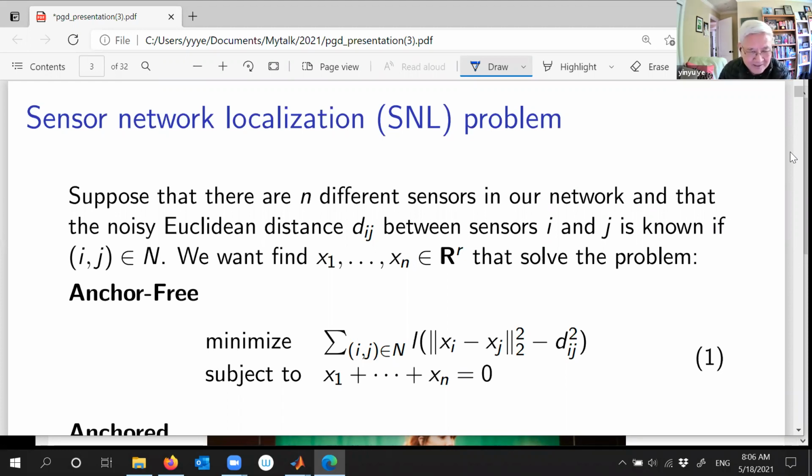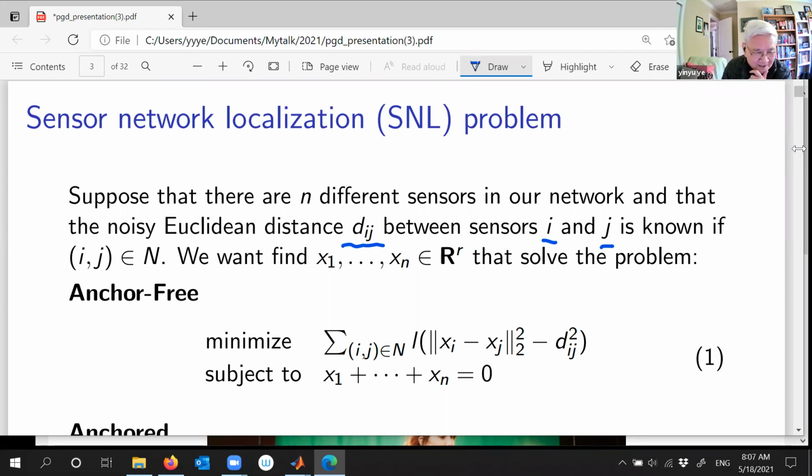However, we can measure a Euclidean distance, which we call Dij, between sensor i and j. Not all of them are known, but when they get closer, we know the distance. Of course, the distance could be noisy.